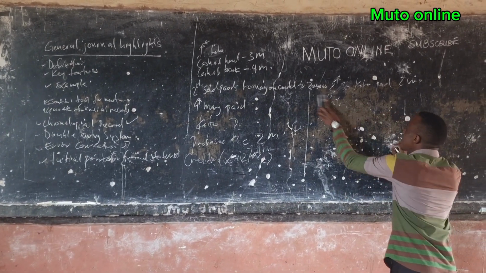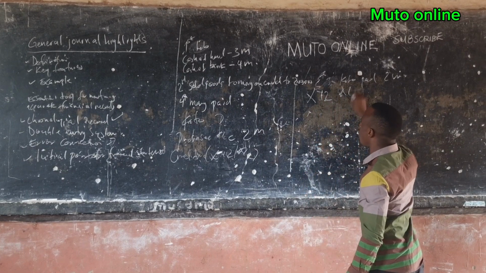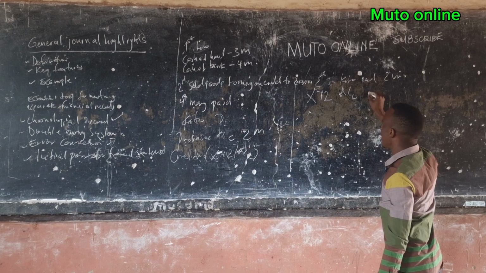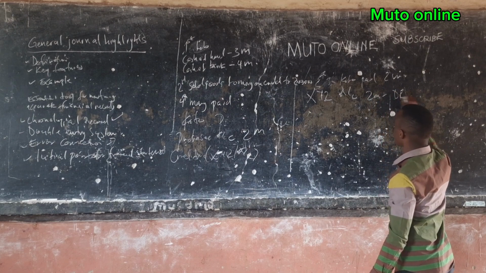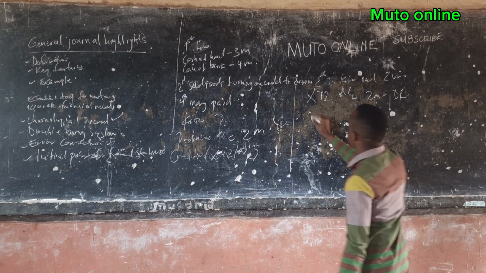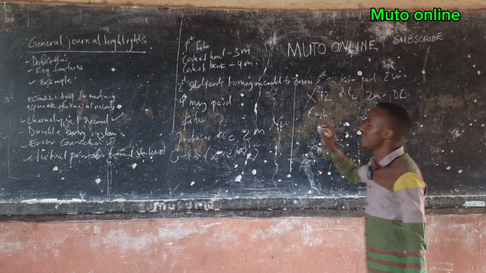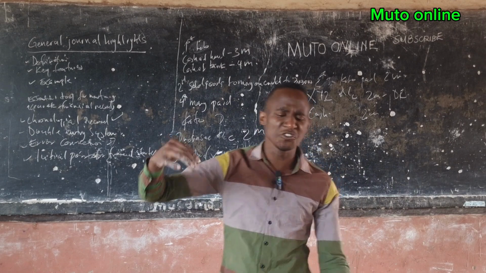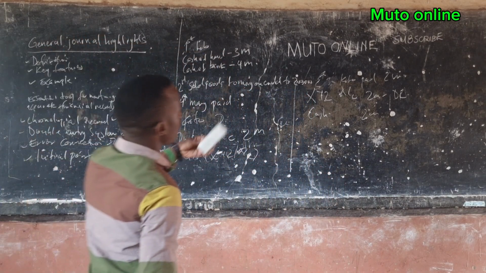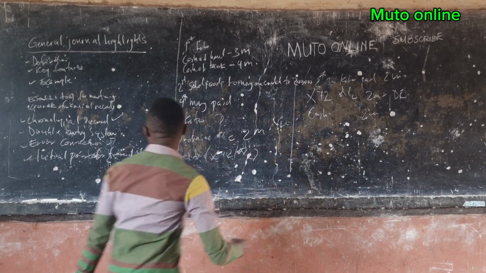So in this instance, the XYZ Limited account, or the creditor's account, is going to be debited by 2 million, and cash is going to be credited by 2 million. Remember, in this instance, cash is losing to the creditor, which was XYZ Limited. So that is it.